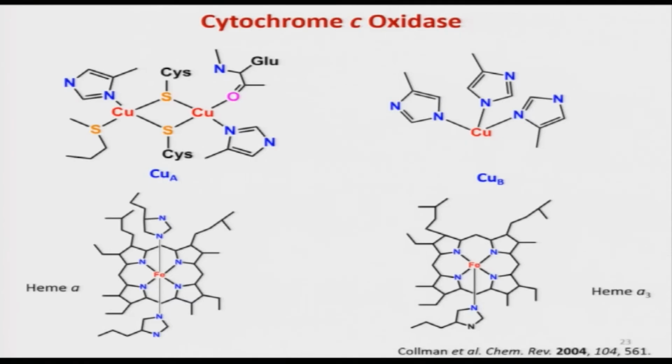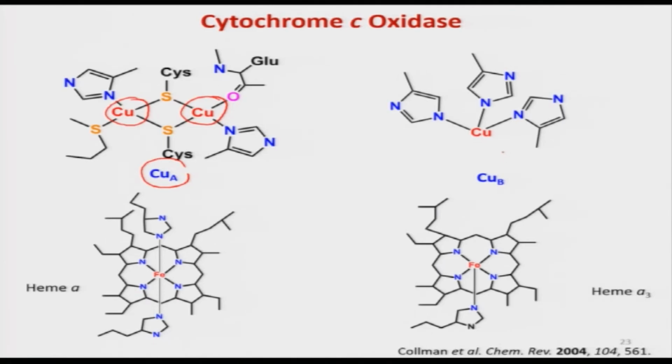If we focus on this heme and copper unit, so what is there? There are 2 types of copper, as I have said. Copper A, which is a dimeric copper, as you can see, 2 copper units are here. This is 1 copper, this is 1 copper, and cysteine sulfur bridges between these 2 copper.